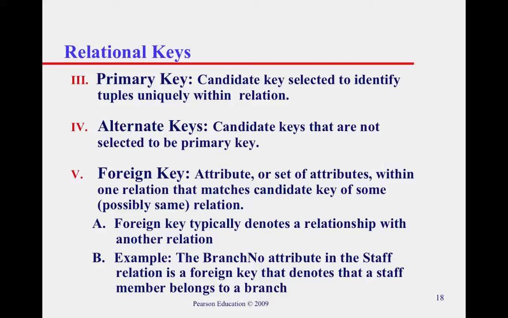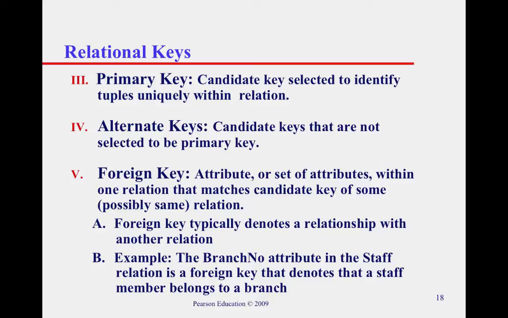Sometimes, if we have a very good natural key, we wouldn't add an artificial key, because an artificial key obviously takes up a little more space and it's not as intuitive for a user to deal with. It's much easier to remember that the name of some branch is the Golden Branch rather than branch B005.